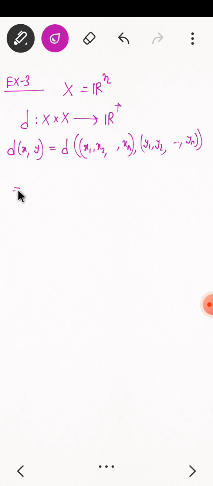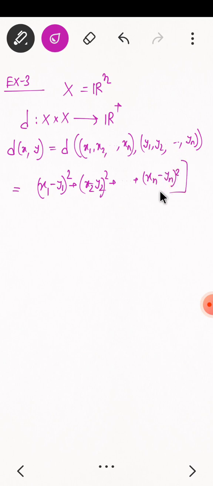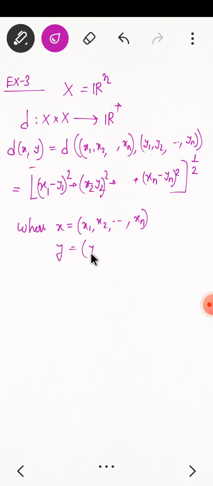We define it in a similar way: the square root of (x1 minus y1) square plus (x2 minus y2) square plus ... plus (xn minus yn) square, whole to the power 1 by 2, where x and y are elements of R to the power n. So x has n components x1, x2, ..., xn, and y equal to y1, y2, ..., yn.